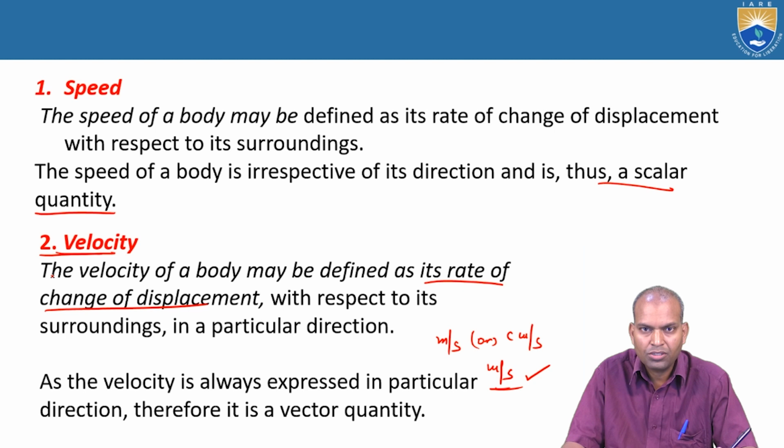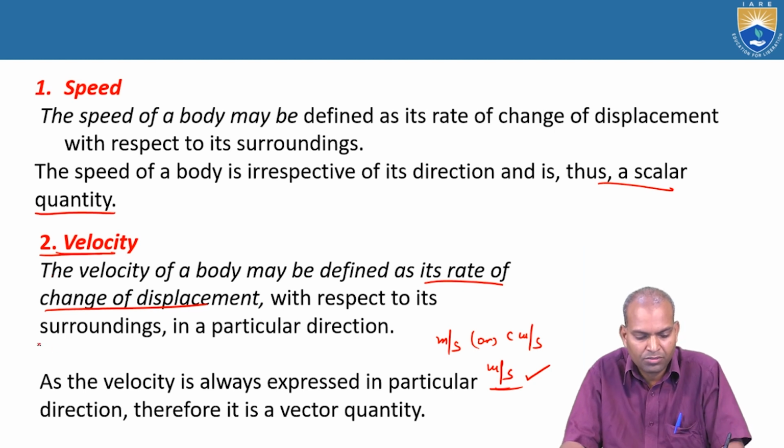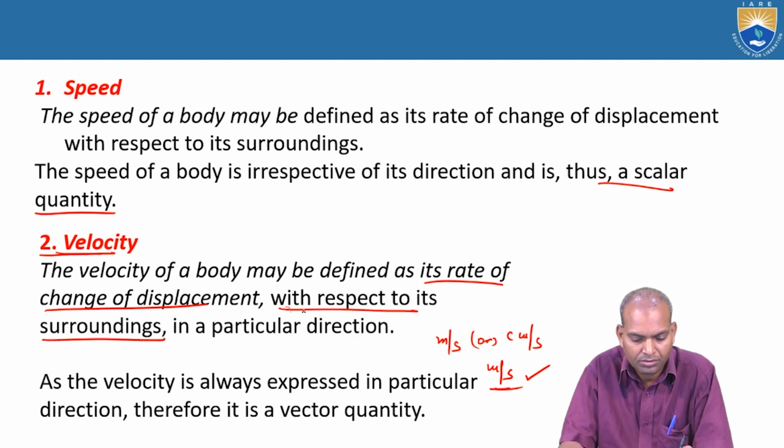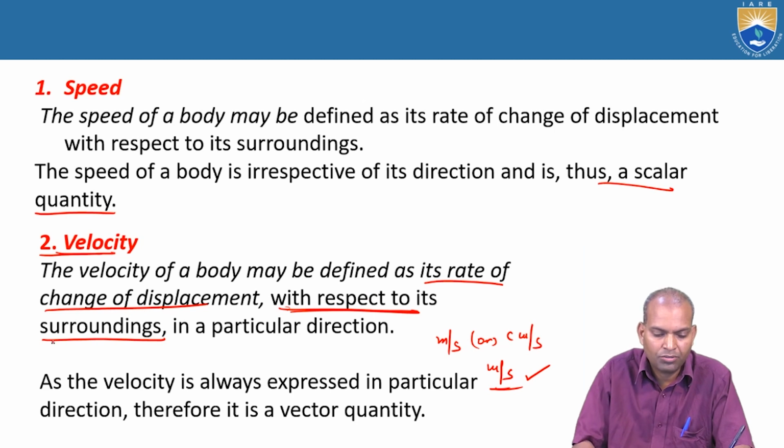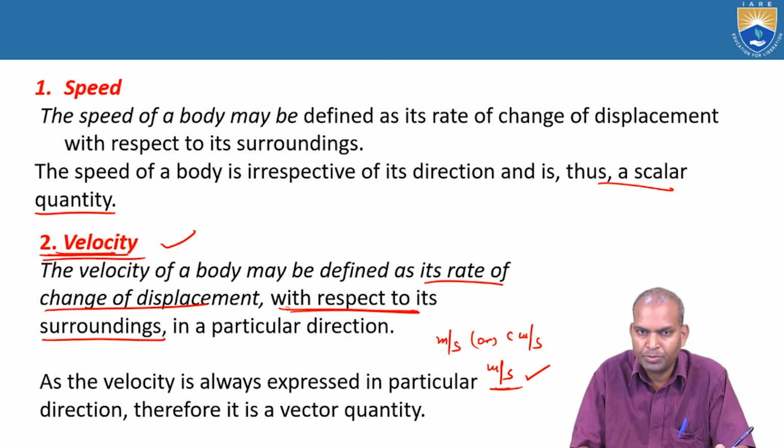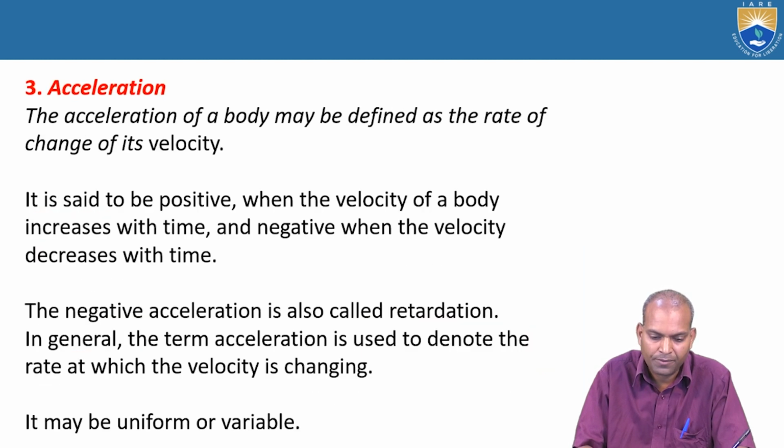Velocity is always expressed in a particular direction. That's why it is a vector quantity.